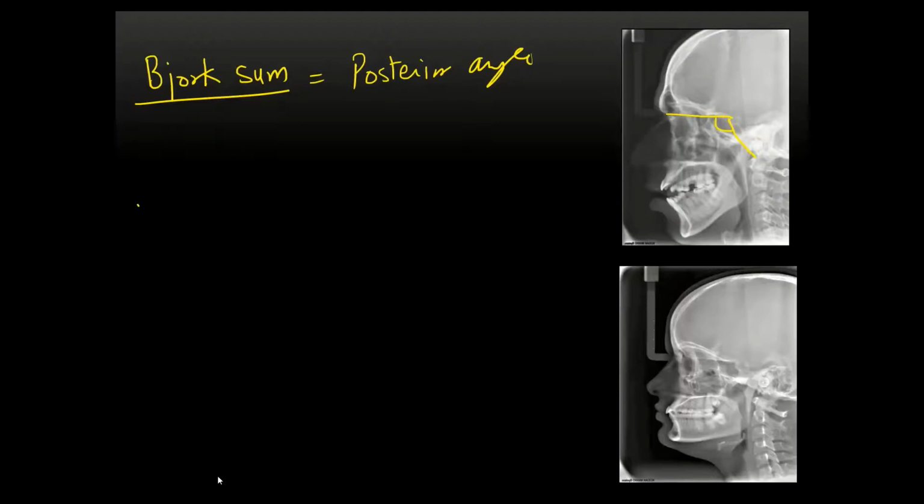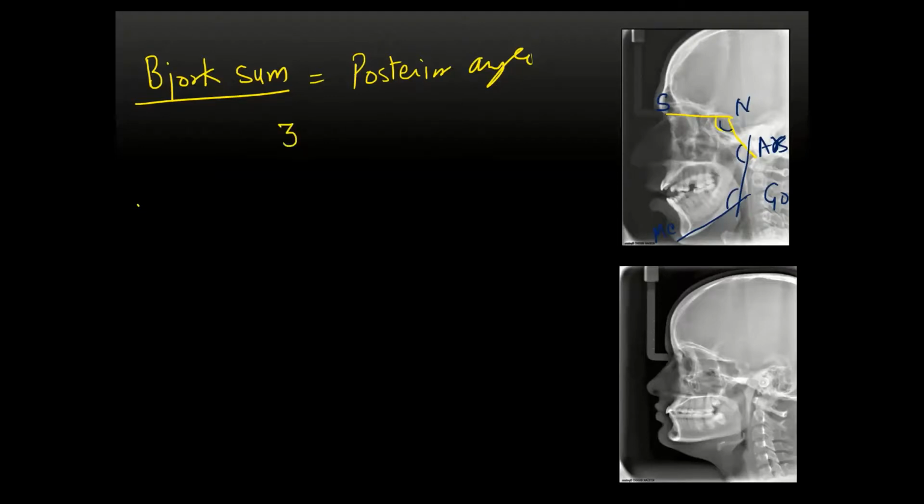I'll just mention the points: S, N, articulare, Ar, then articulare and gonion, and this is menton. So 1, 2, 3. These 3 angles are taken in Bjork sum, the sum of posterior angles.